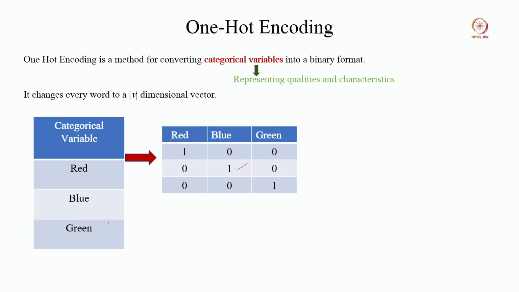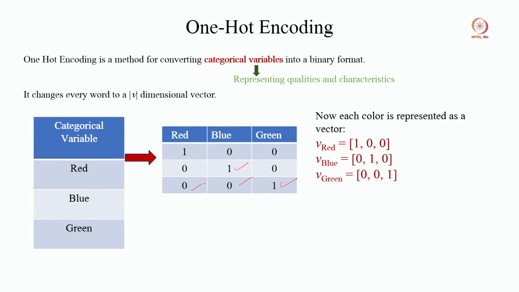For the third row, green, we have 1 for green, and red and blue are 0. So each color is now represented by a vector. Red is represented by the vector 1 0 0, blue by 0 1 0, and green by 0 0 1. These are your one-hot encoded vectors for the colors red, blue and green.